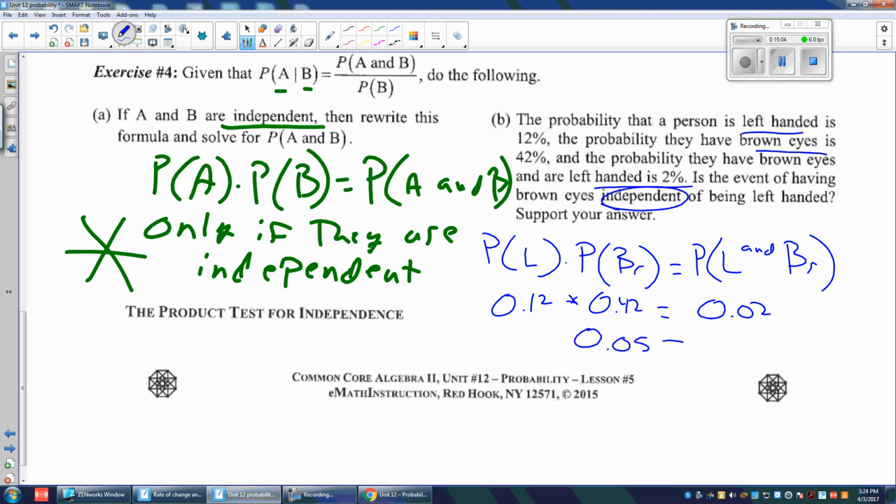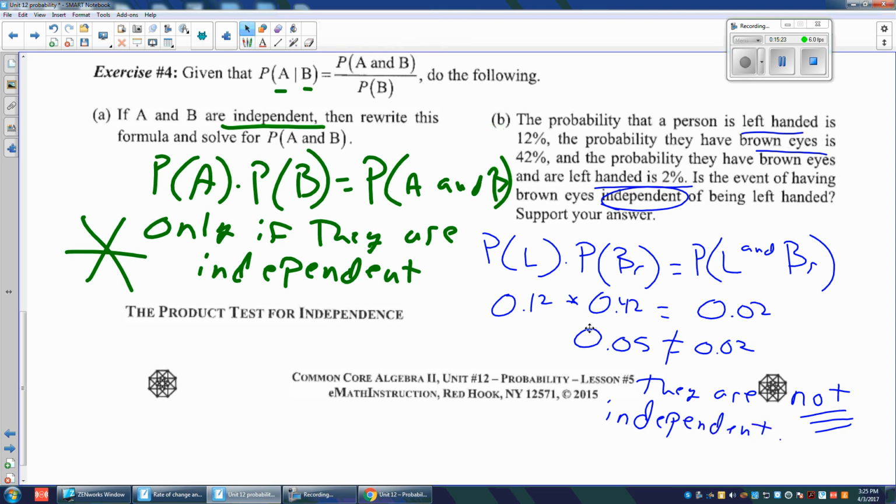This is approximately 5 hundredths, which does not equal 2 hundredths. They are not independent. If they were independent, they would equal each other. Again, we cannot change the question because we don't like the answer.